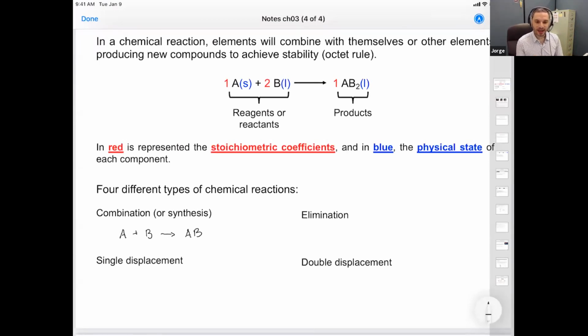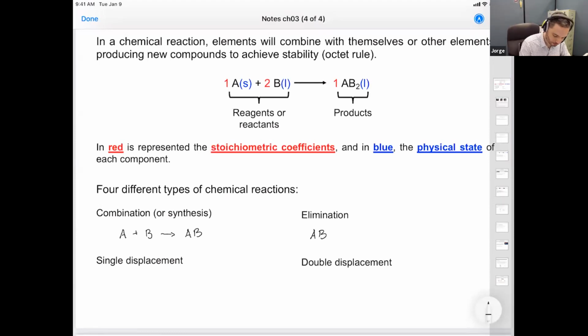The next type is elimination, which is exactly the opposite of combination. For the elimination chemical reactions, we start with one reactant, and after the reaction, we produce two or more products.